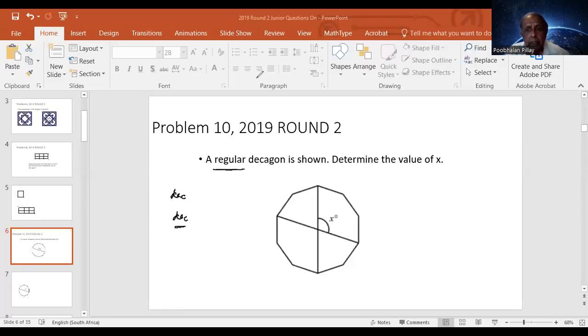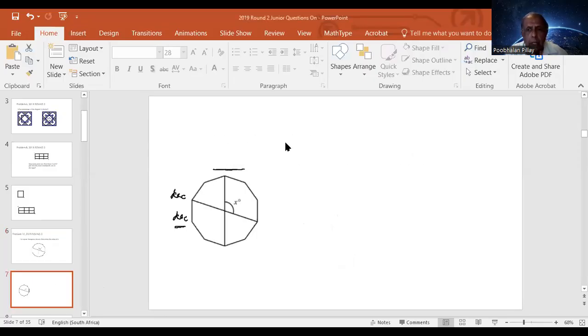Let me go to the next slide. I just want to make a couple of remarks about regular polygons. So what do you mean by regular?